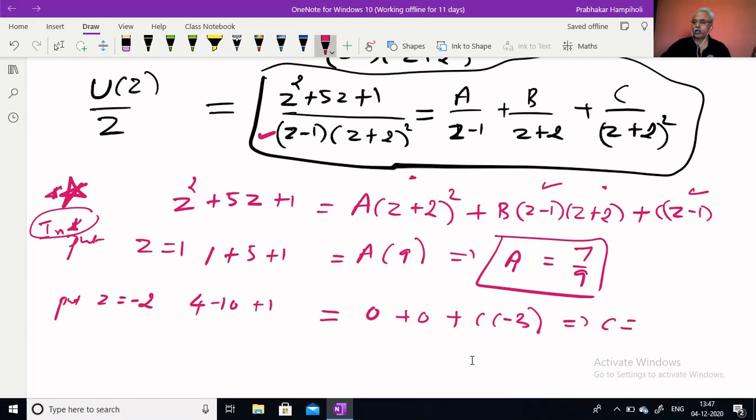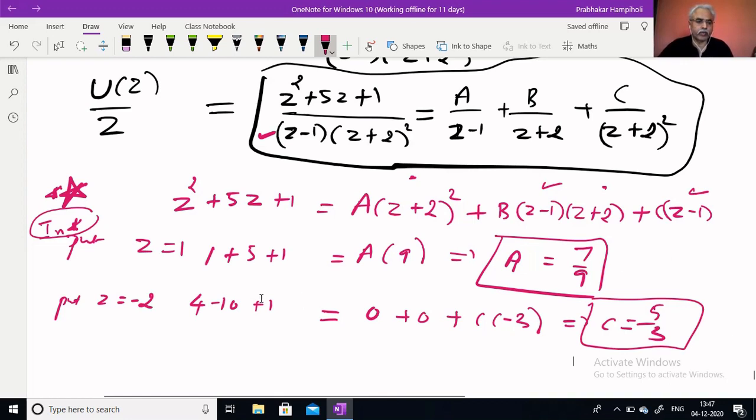We can easily verify that C is 5/3, because you get −5 on the left and −3C on the right, so C is plus 5/3.